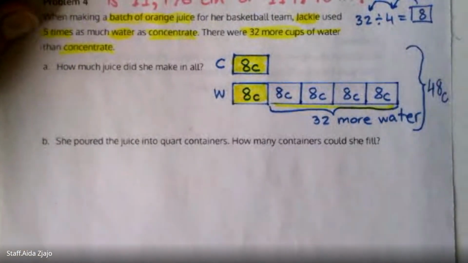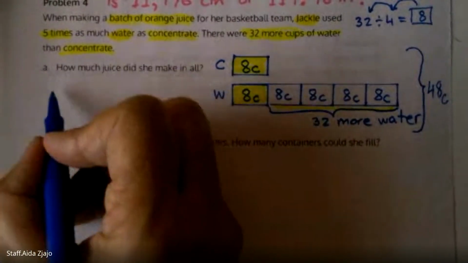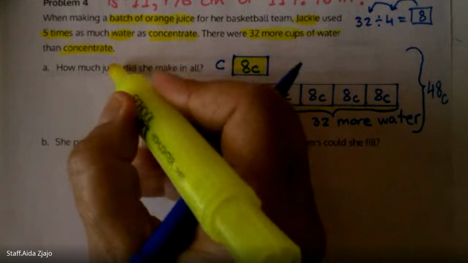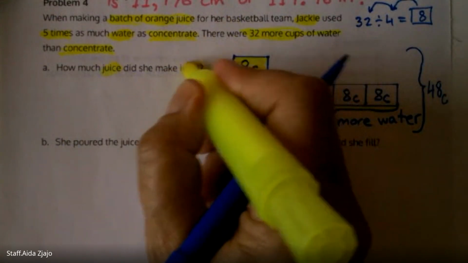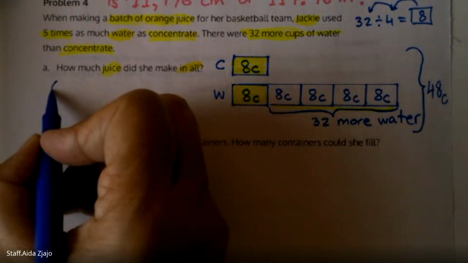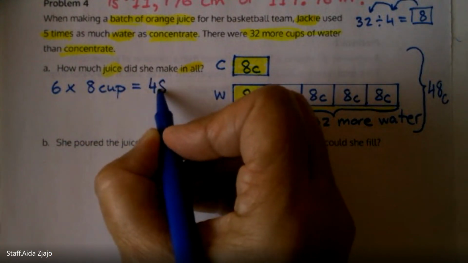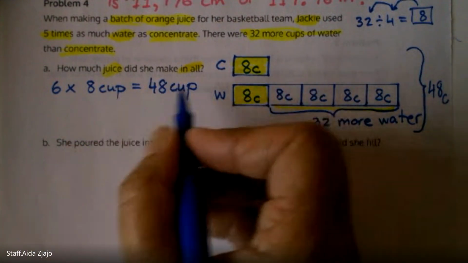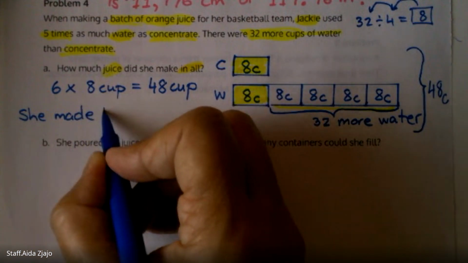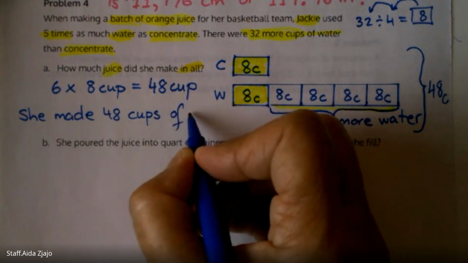So 48 cups is the total. 1 unit is 8, so in all, 6 units times 8 cups equals 48 cups in all. So she made 48 cups of juice.